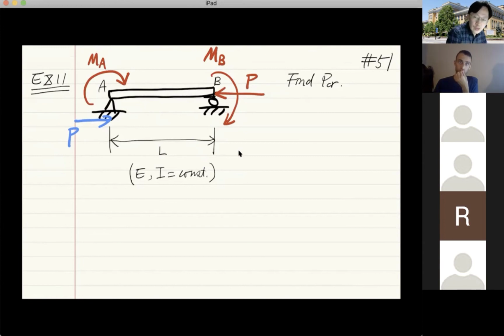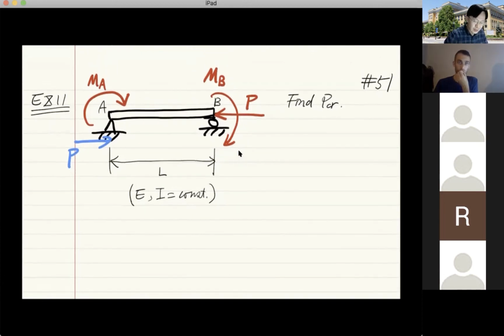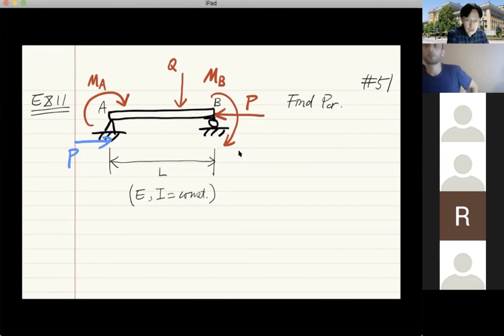If you have a lateral force in it, what do we do? Suppose, can we consider the case combining the end moments, and what if there's another force acting maybe somewhere here? Let's call it Q. Can we consider that? Yes, and you already know that the application of Q here will not change your critical load, but you will only change your maximum moment.